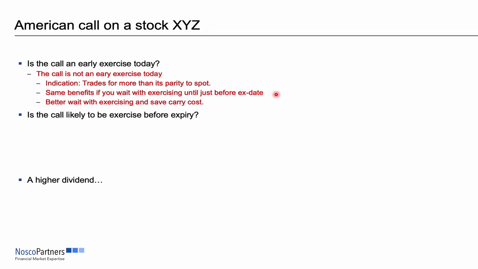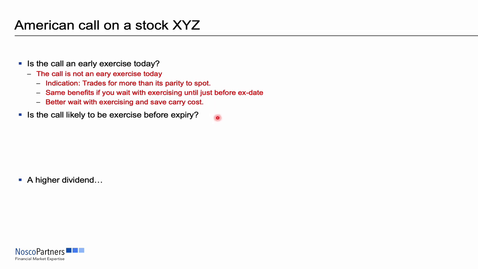Remember, when I early exercise, I have to pay out the strike price, and that is a time value of money. So I best wait until the day before ex-dividend day and then exercise my option. So the call is certainly not an early exercise today.